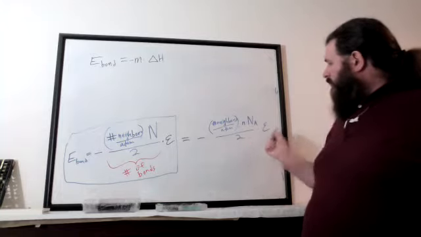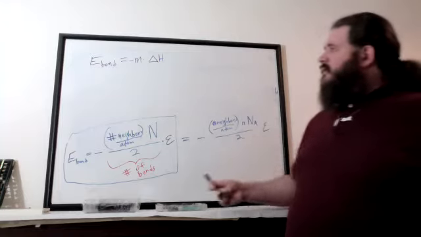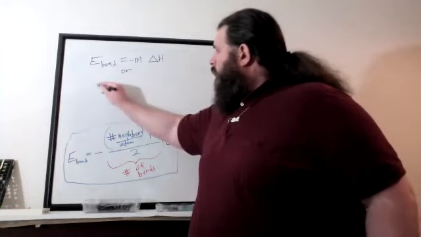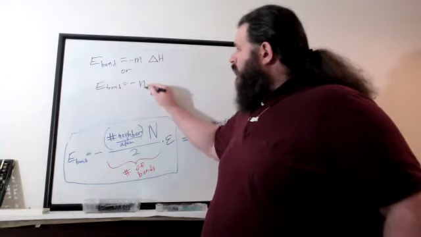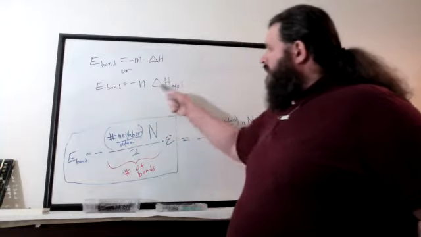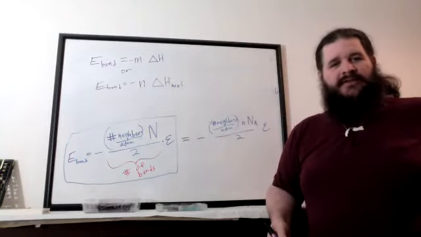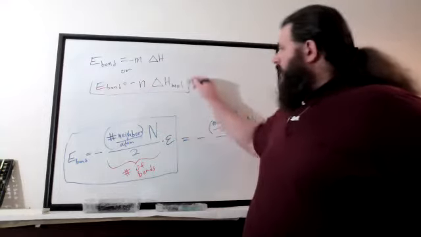However, here we're not looking at this in terms of mass. We're looking at it in terms of number of moles. So instead of using mass times enthalpy of melting, we could say bond energy is negative number of moles times the molar enthalpy of melting. So delta H mole is the energy per mole to break all the bonds. So this would be a macroscopic formula for bond energy.